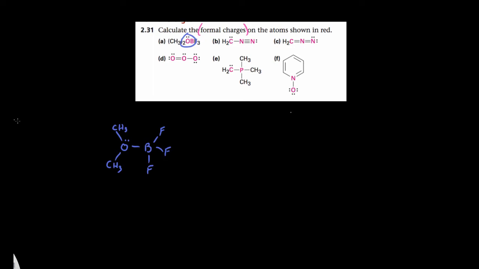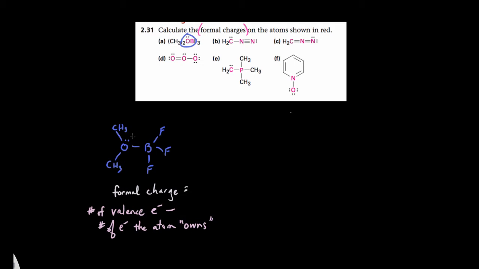So formal charge equals the number of valence electrons minus the number of electrons the atom owns.